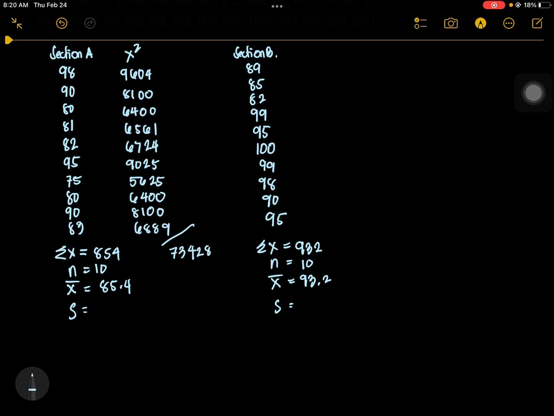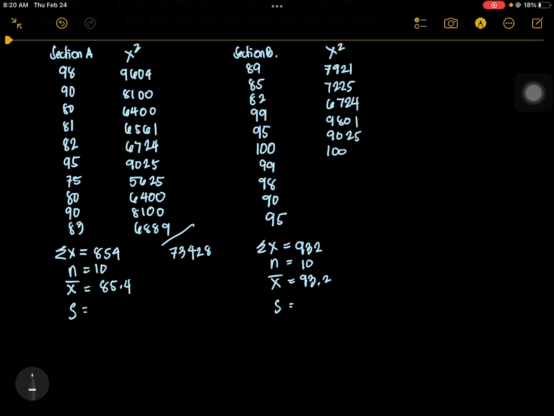The sum here is 73428. Section B, so you have the x squared, 89 times 89, 7921, 7225, 6724, 9801, 9025.